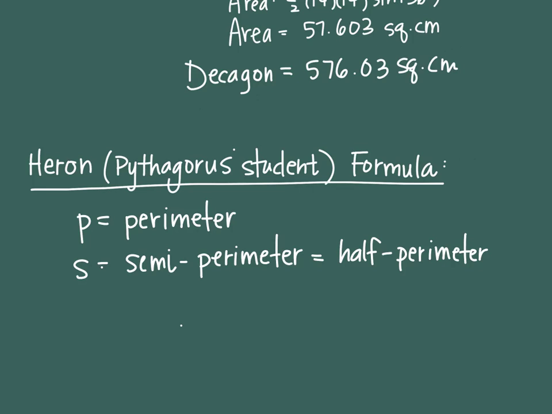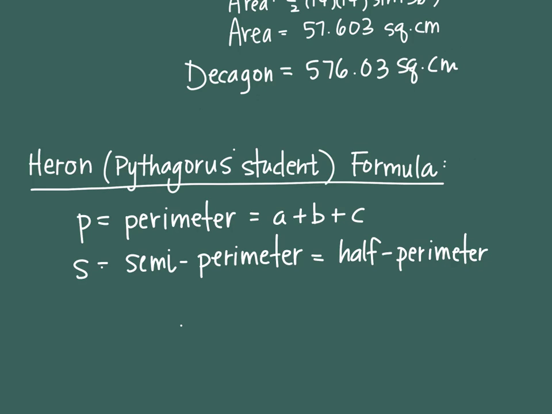If you have a triangle and you know all the sides but none of the angles, you can find the perimeter by adding up all the sides: A plus B plus C. Then divide it by 2 to get the semi-perimeter.